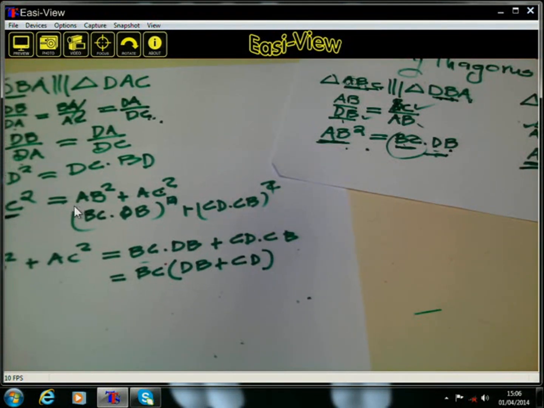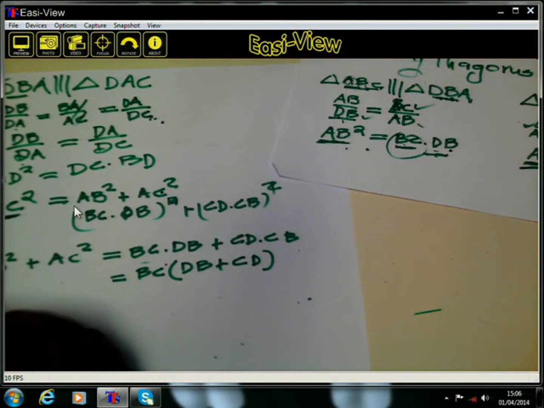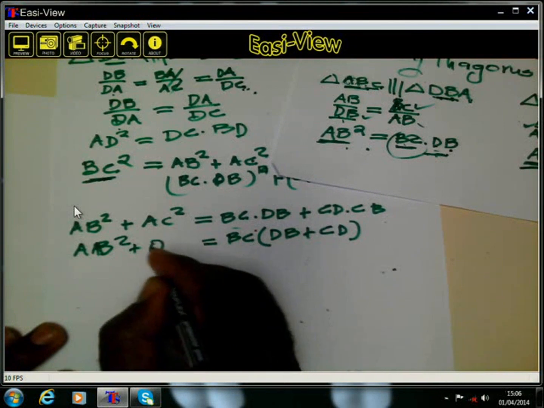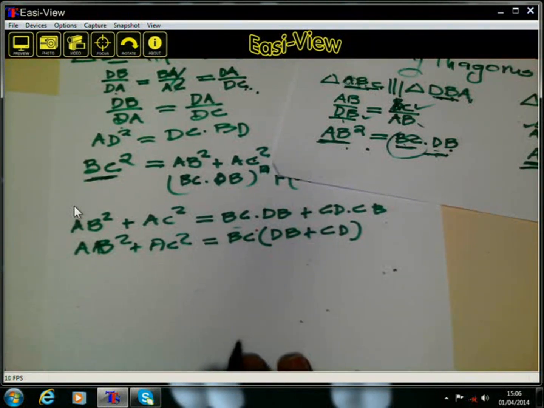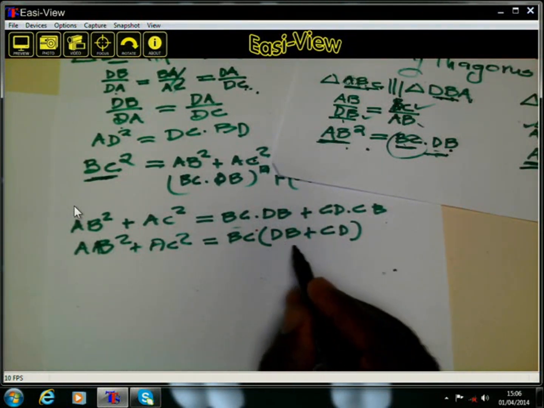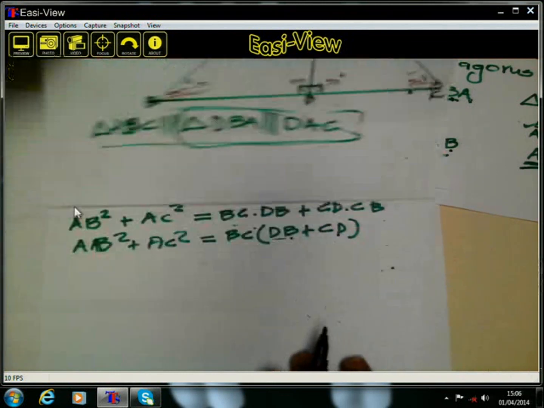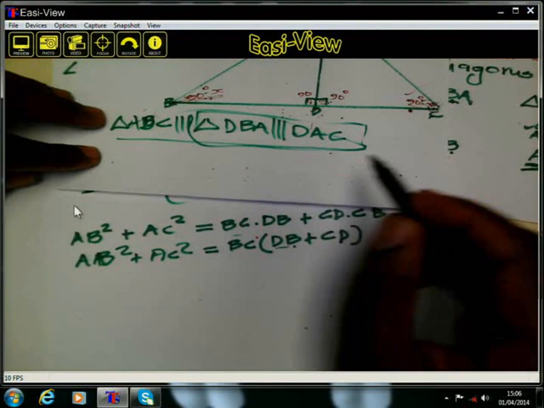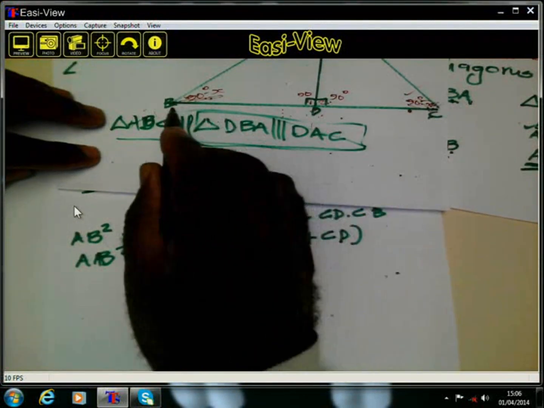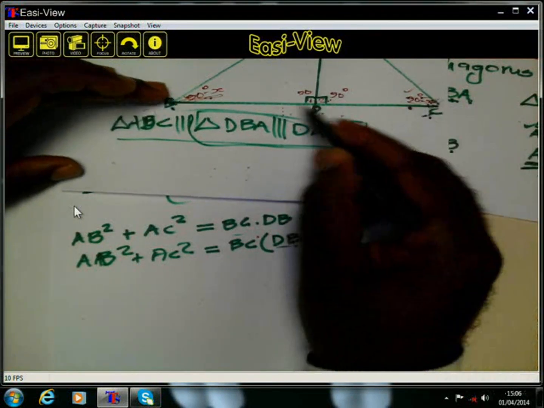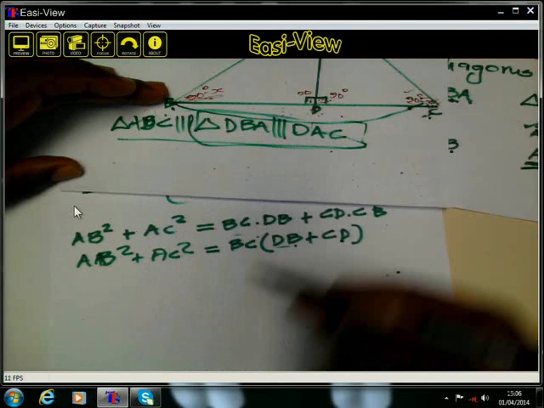Fine. Now, we must not forget that this is equals to AB squared plus AC squared. Let us quickly look at what DB and CD are from our triangle. DB is this, and CD is this. CD plus BD give us BC.